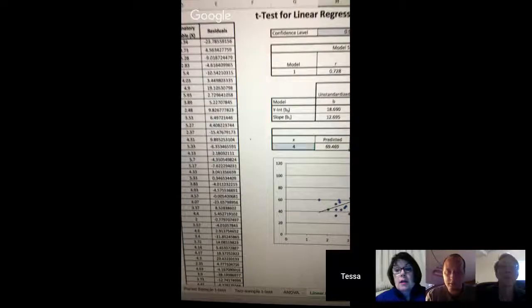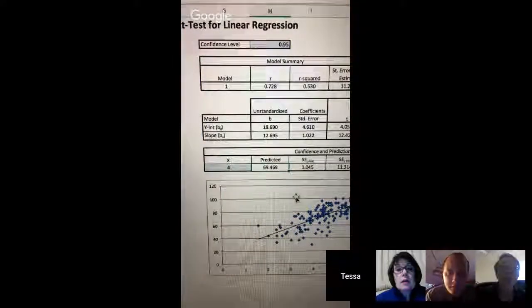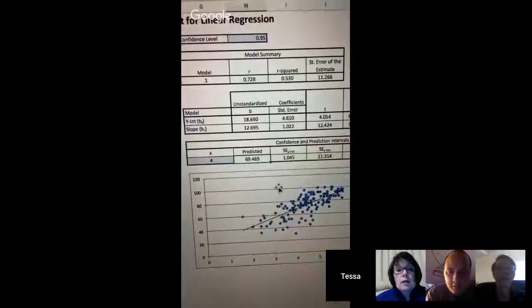I think you can if you do share screen. So this is where the y-intercept is, that's the slope.